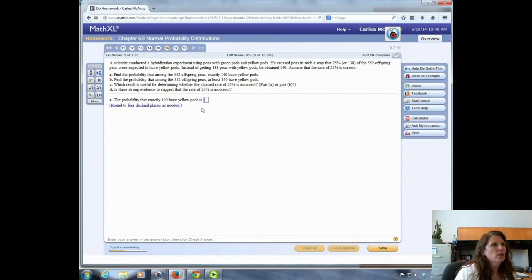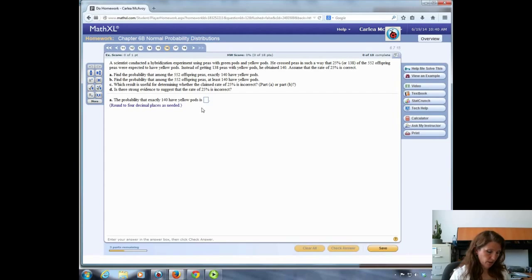And then we want to know what's the probability of getting exactly 140. So exactly 140, I'm going to do 139.5 and 140.5 for my normal CDF. So you try that as well. Our mean was 138, and our sigma was 10.1734 is what I'm going with.